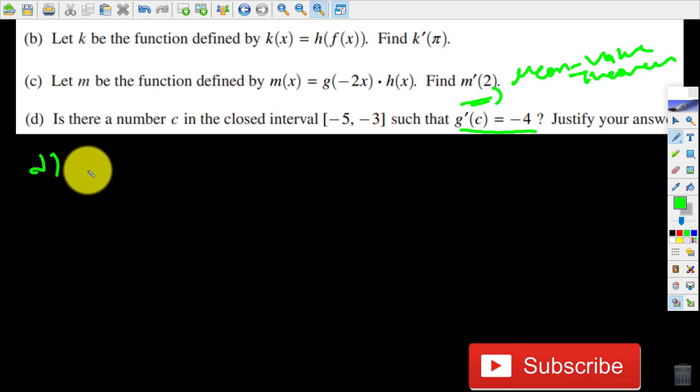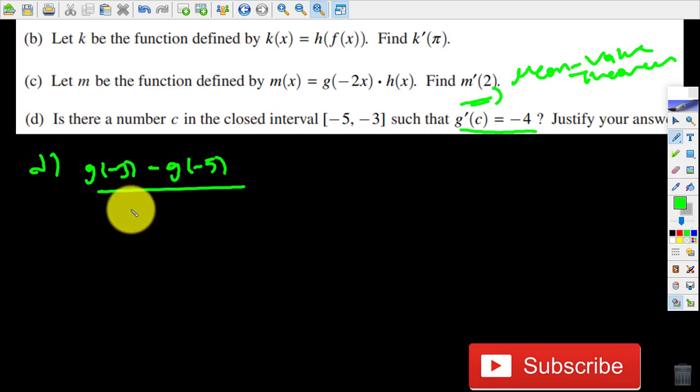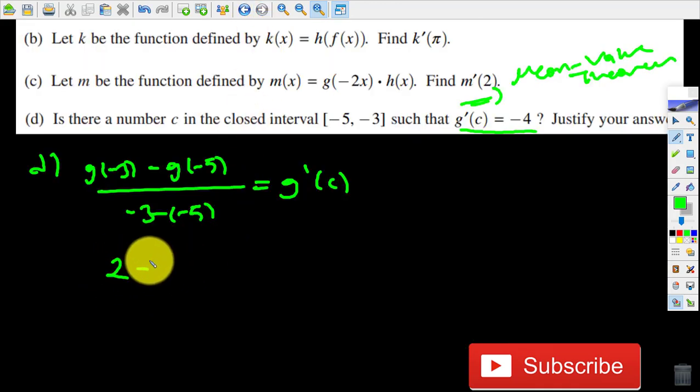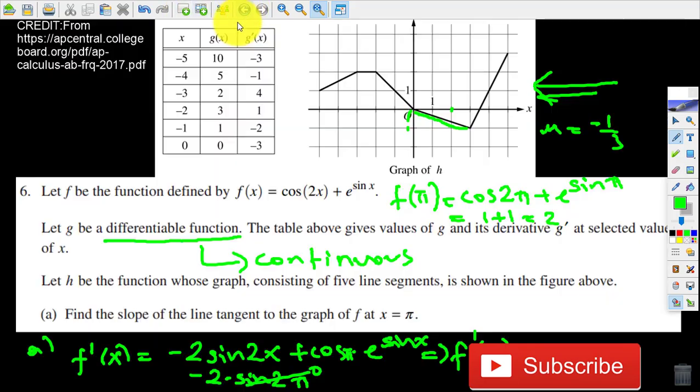For part D, g of negative 3 minus g of negative 5, divided by negative 3 minus negative 5, has to be equal to the instantaneous rate of change, g prime of c. So what is g of negative 3? g of negative 3 is right here, which is 2. And 2 minus, what is g of negative 5? Right here, it's 10.